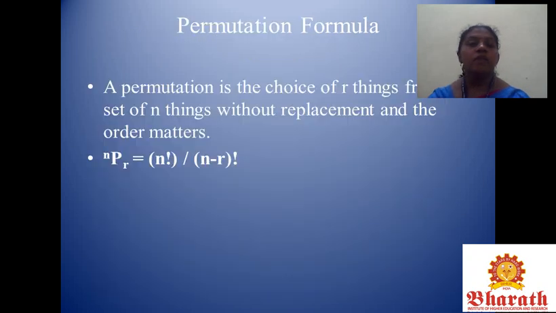So the formula for permutation is nPr equal to n factorial divided by (n minus r) factorial. The permutation is the choice of r things from a set of n things without replacement, and the order matters.